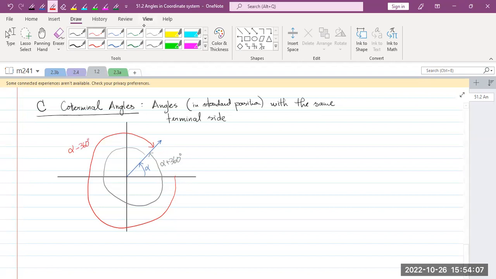Let's do an example. Maybe an example will help us better. Suppose you have 60 degrees here. Then 60 degrees is coterminal, I use that notation for coterminal, with 60 plus 360 degrees.